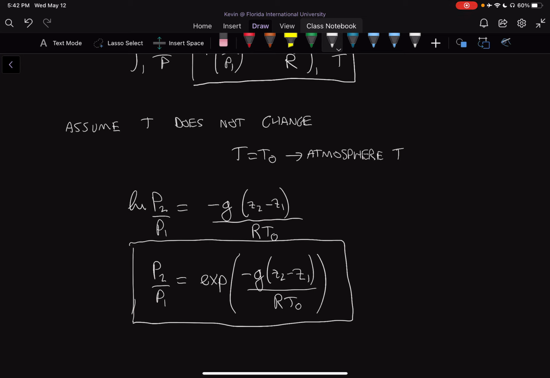We have the gas constant, and we need to know the temperature. If we know gravity, then with the height difference we can figure out our change in pressure. Now, if we do have a varying temperature, we can use another relationship that will allow us to work with varying temperatures. Those relations are in your textbook, and we won't write them out in detail because we don't really need them for anything.